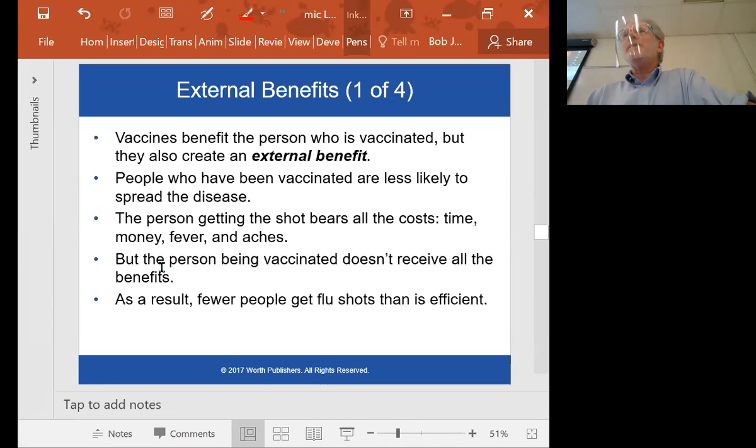And in making decisions, you have an incentive to take into account what are the benefits I'm going to get and what are the costs I'm going to bear. And the fact that, well, you should do this because other people are going to benefit, you can argue, well, morally, that's what you should do. But we're not really talking about what you should do. We're talking about what do people have an incentive to do. And if it's an external benefit, you don't have an incentive to take that into account.